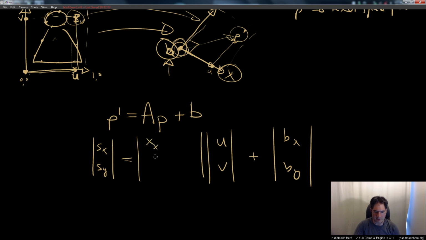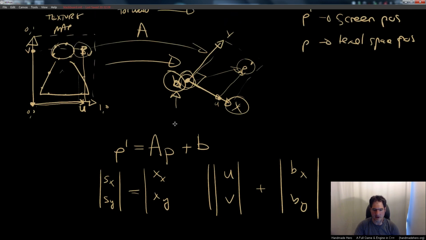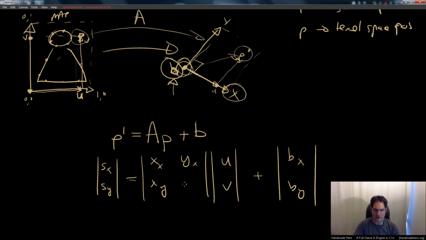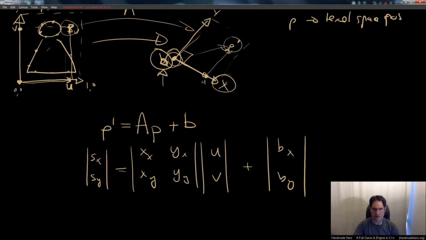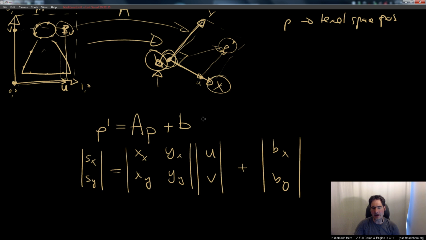So I've got xx, xy, that's this vector here, right? And I've got yx, yy, and that's this axis here. That's all I need. Now, why did I think that was true, right?